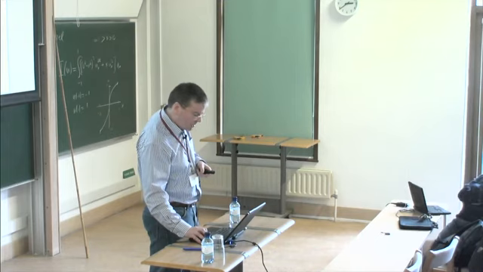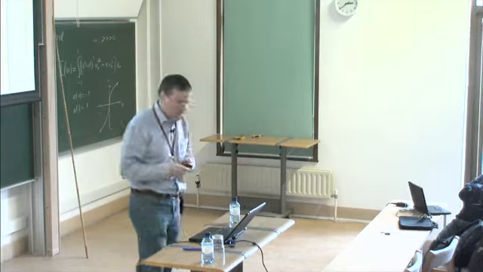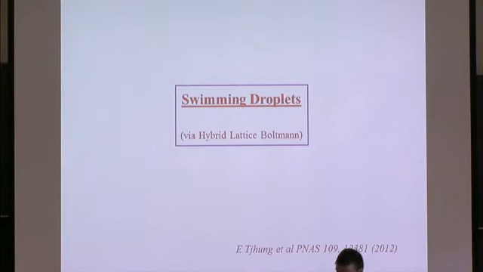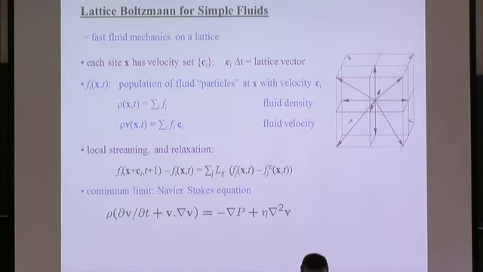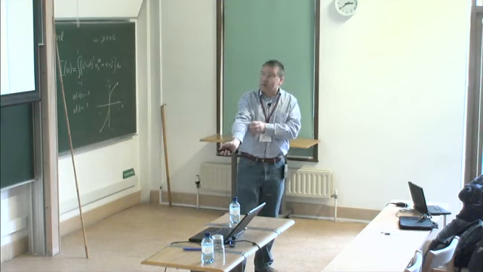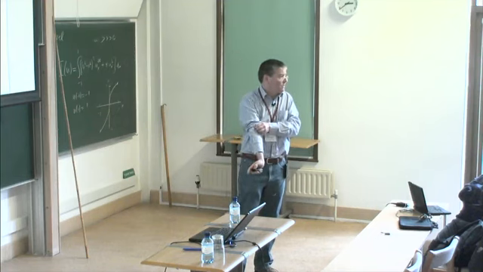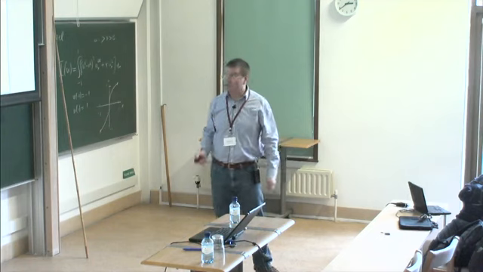So let me show you some simulations on this. These simulations are done via a lattice-Boltzmann or hybrid lattice-Boltzmann method that I will extremely briefly outline. Lattice-Boltzmann is one of those things that's like a cult. Either you're in on it and you know how it works, or you're not and you probably don't want to know how it works.